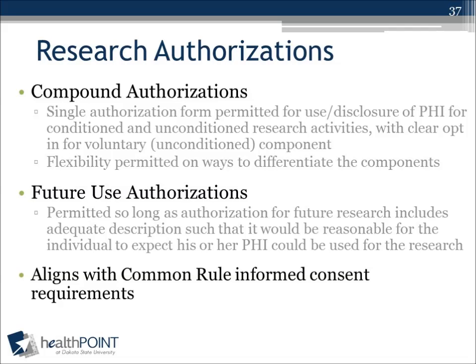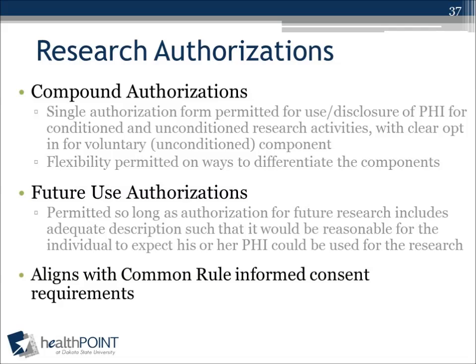Okay, let's talk about research. And research has always been one of those areas that people get somewhat confused. But during research, researchers are required to notify patients of all the potential things that could possibly go wrong. And sometimes those authorizations that they fill out are just one authorization for one event or one process or one study. Now, these are permitted for use and disclosure of PHI for conditional or unconditional research activities.